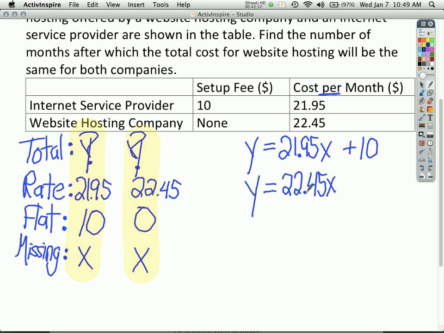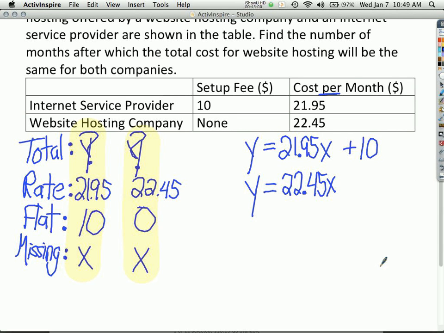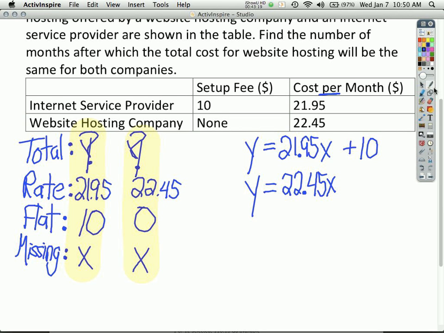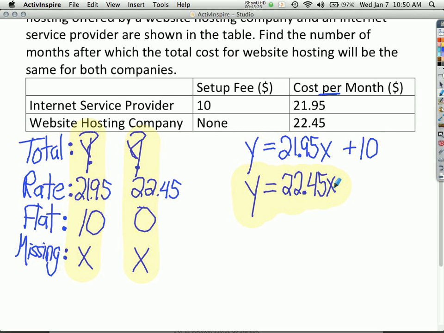So, which method will work very well for this? Look at what you just wrote. Which method will work really well? Amari? Yeah, this is set up perfectly for substitution because look at this right here. y equals that.